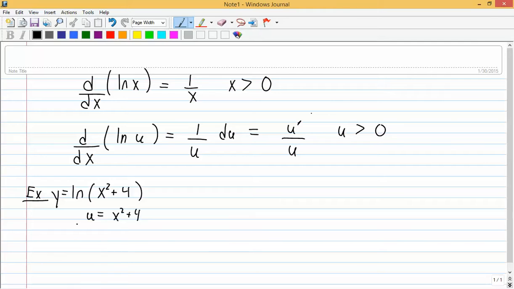And so my u prime, or my du, is equal to 2x. So my derivative is 1 over u du. So 1 over x squared plus 4 times 2x, or 2x over x squared plus 4.